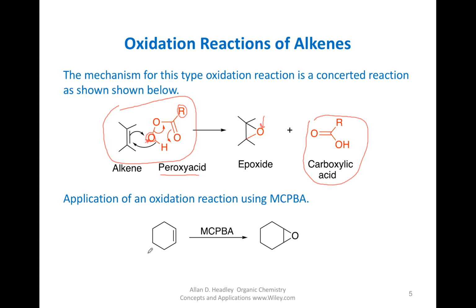Here's an example. So you have your alkene functionality here. Just put MCPBA. We as chemists understand what MCPBA means. It means metachloroperoxybenzoic acid, and we get your oxirane or your epoxide.